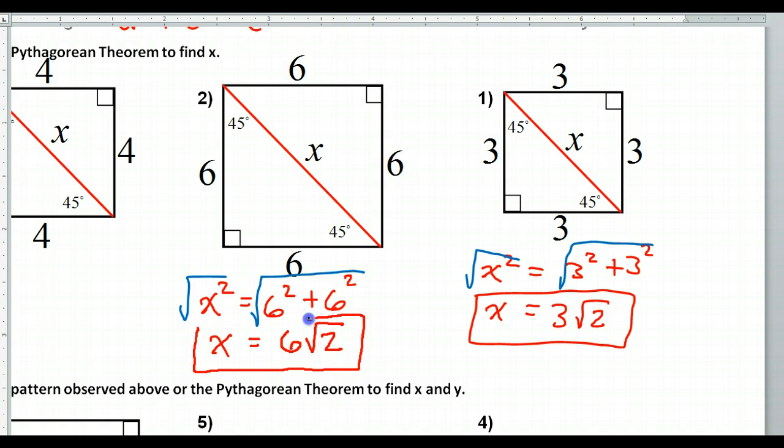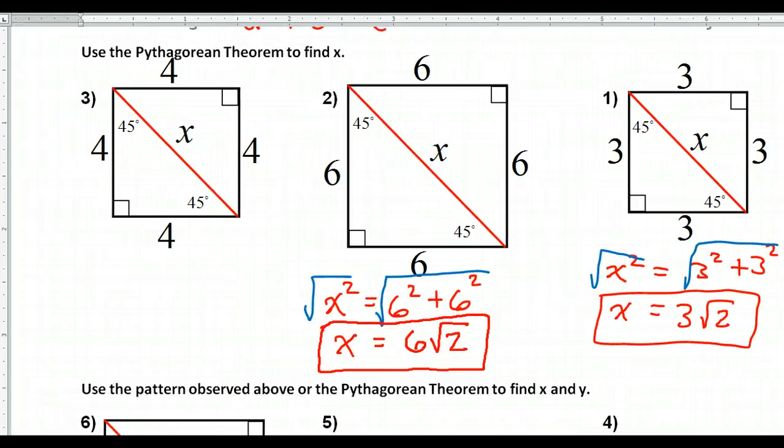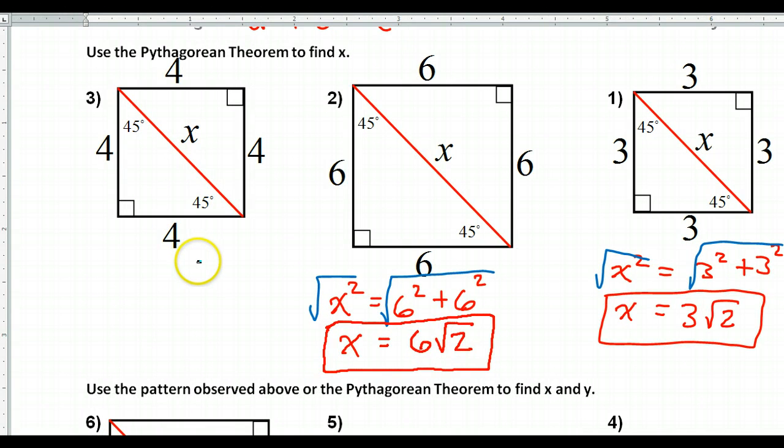Alright, I bet most of you are already starting to see the pattern. See if you can predict what the answer to number 3 is going to be before we even do the Pythagorean theorem. Take a second and make a guess out loud. Now let's see if you were right. For right now, let's use the Pythagorean theorem one more time.